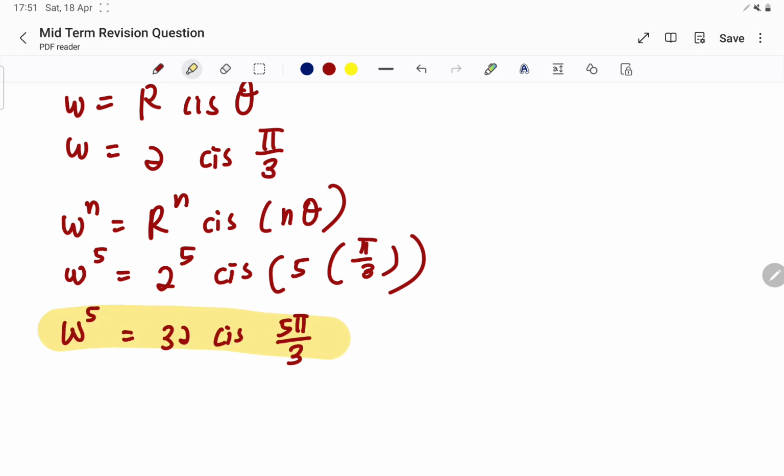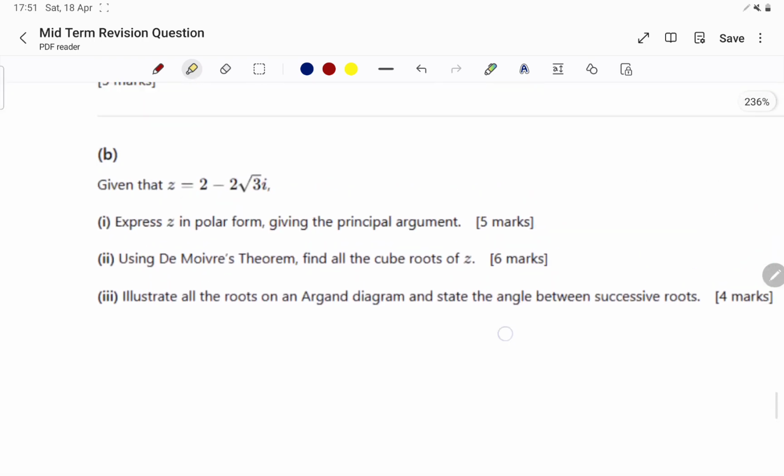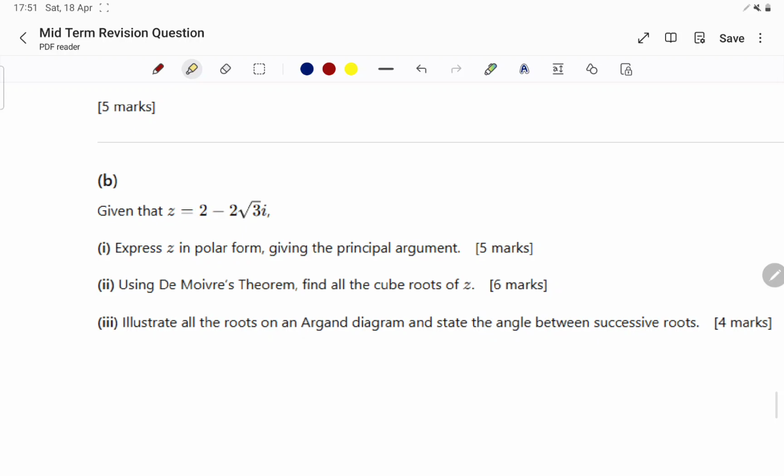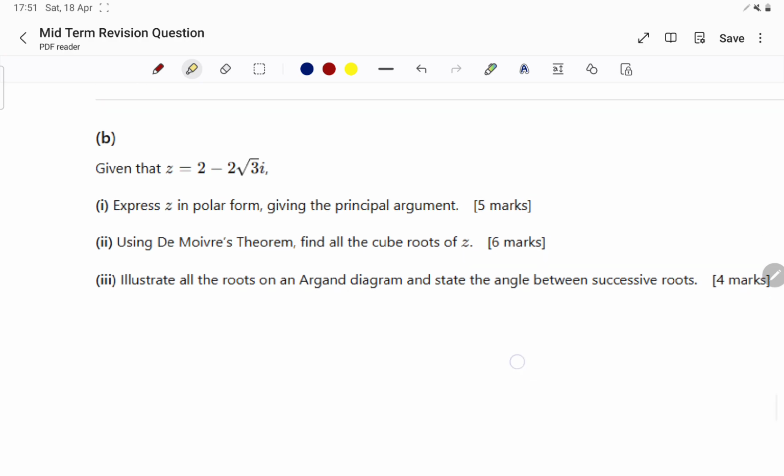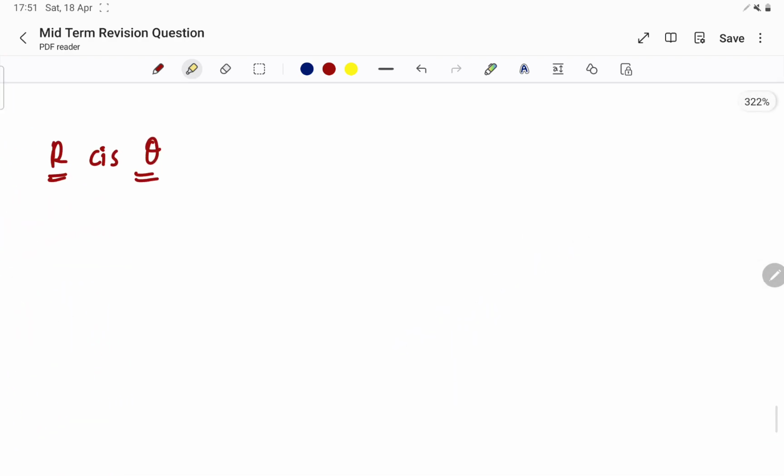Okay, now we go through the second question, where given that Z is 2 minus 2 square root 3i, express Z in the polar form given the principal argument. So by right, we just have to form a polar form from the complex number Z. I write this in the next question.